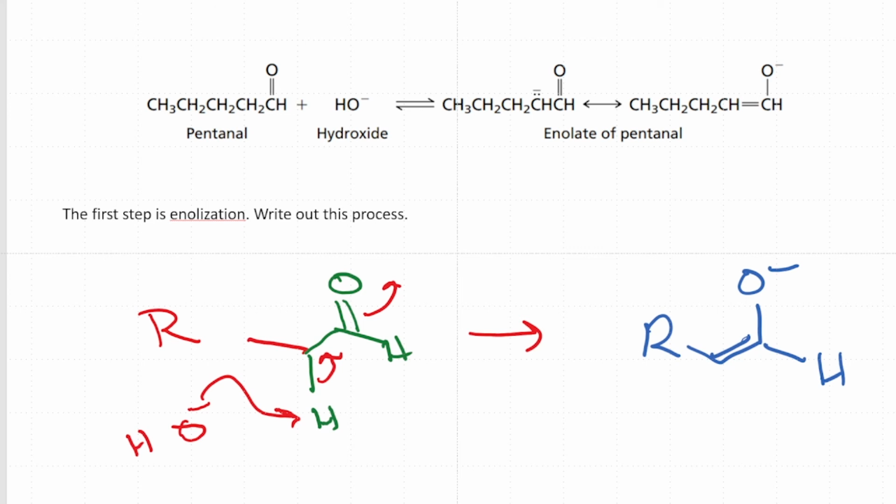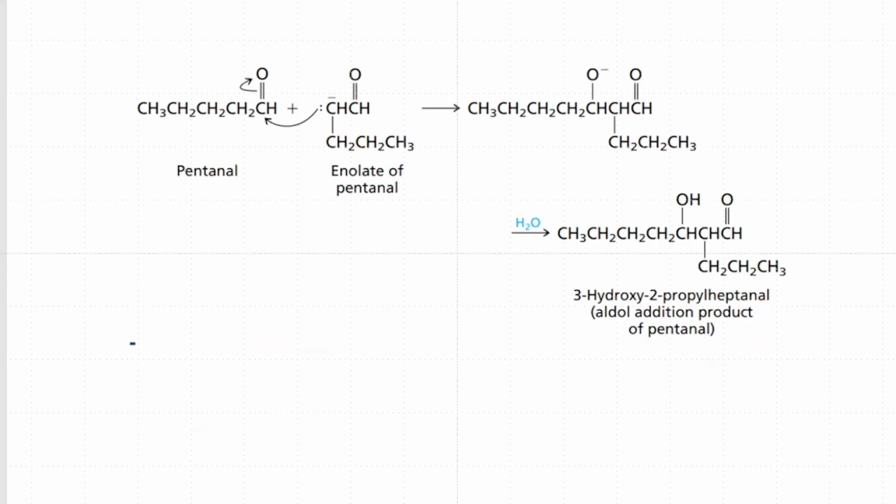Now what we have done in this process is generate the nucleophile. If there is no electrophile, then it is just going to form the enolate. But if there is an electrophile, which is basically pentanal itself, then the aldol reaction can occur. So there is a self-aldol reaction.